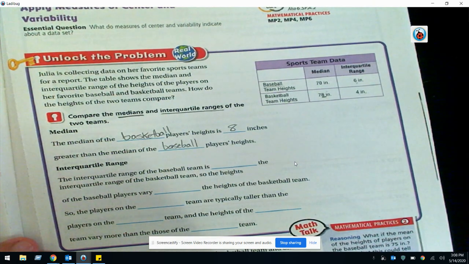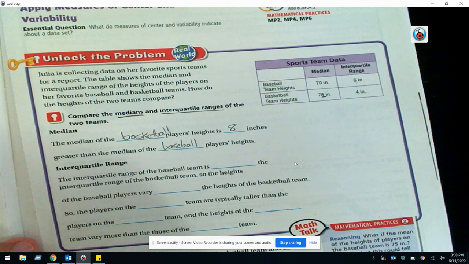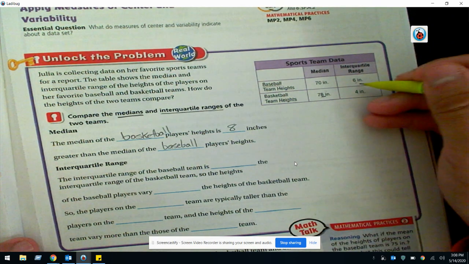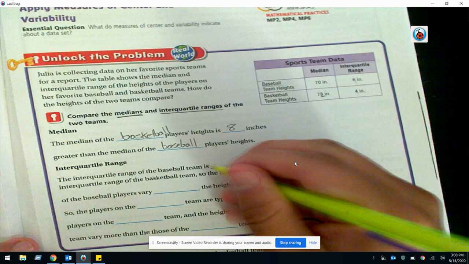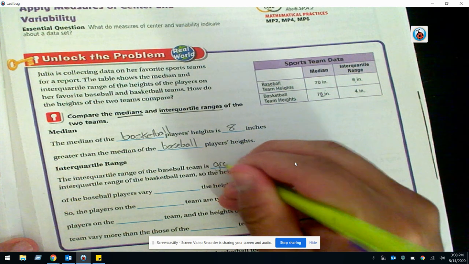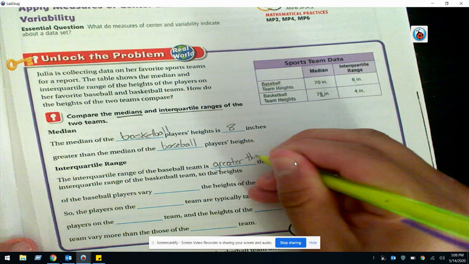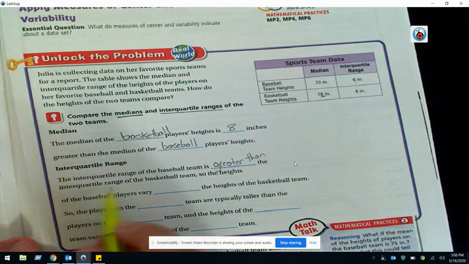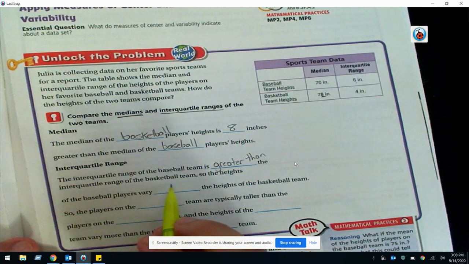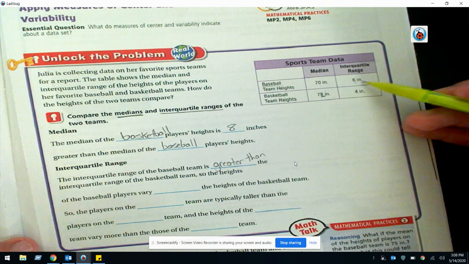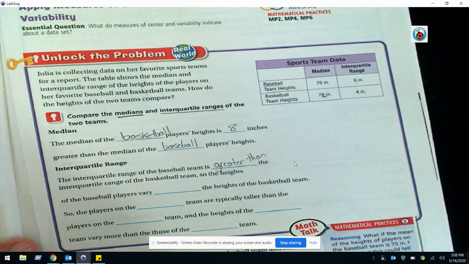The interquartile range of the baseball team is greater than the interquartile range of the basketball team, because 6 is greater than 4.